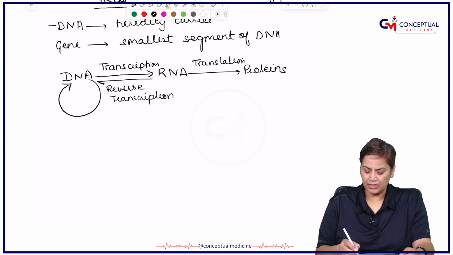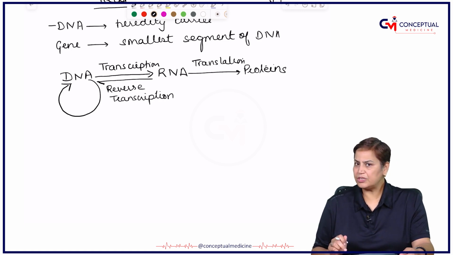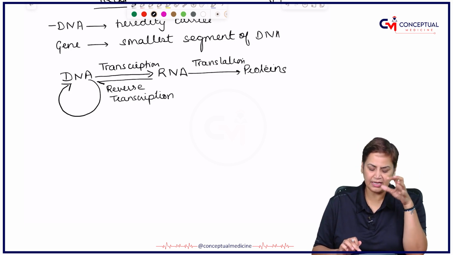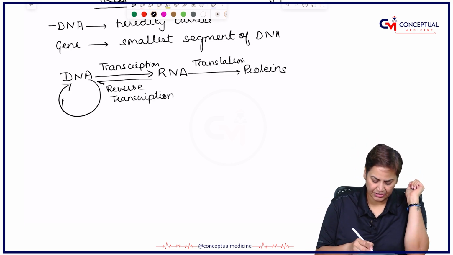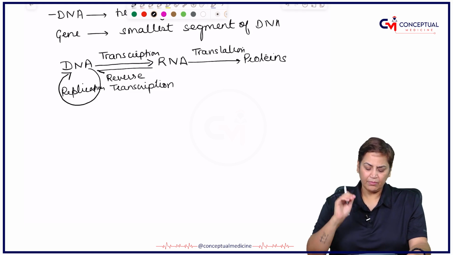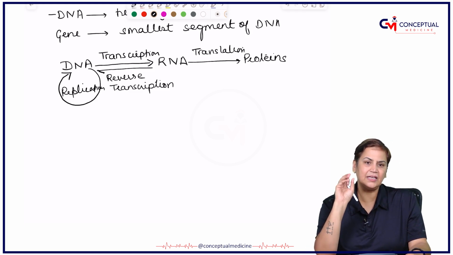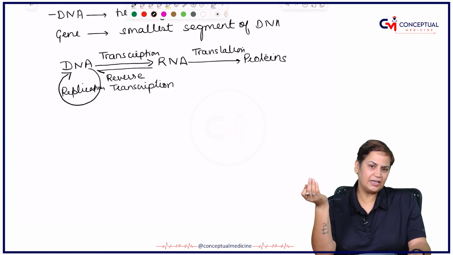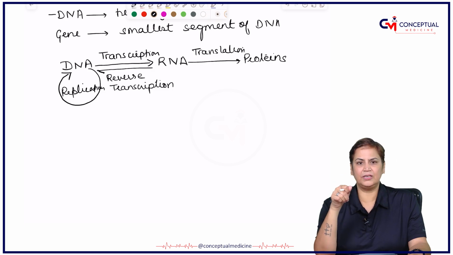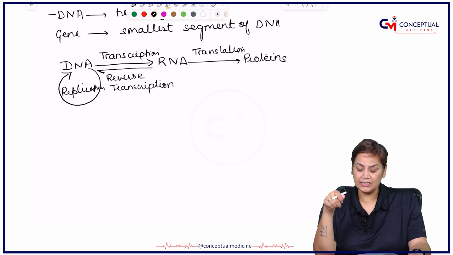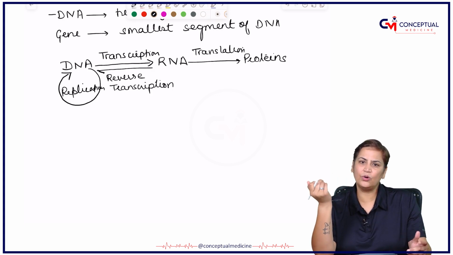Reverse transcription. Now the most important point here: we know that DNA undergoes replication. Then we come over to the protein part, because ultimately DNA has some sequences which are converted into RNA by transcription, and that RNA translates the information which is hidden in the form of a genetic code.